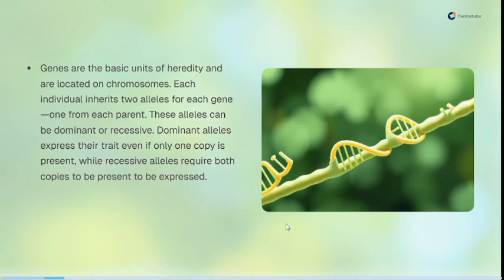For a recessive allele to be pronounced in a child, that recessive allele has to be duplicated. That is, the mother has the same allele and the father has the same allele. But if there is a dominant allele present for that particular trait, that dominant one will overshadow the recessive one. That is actually what dominance and recessiveness mean.